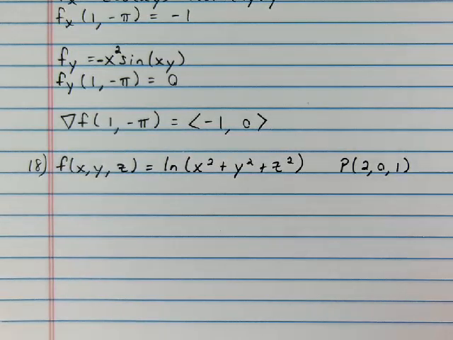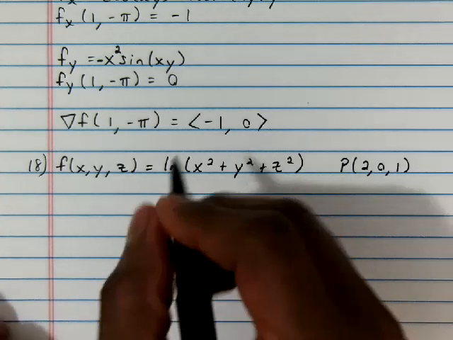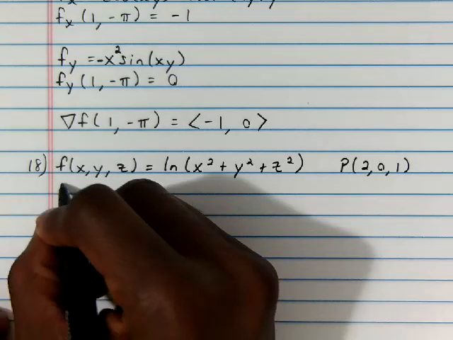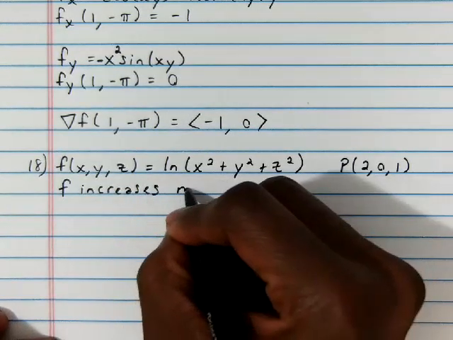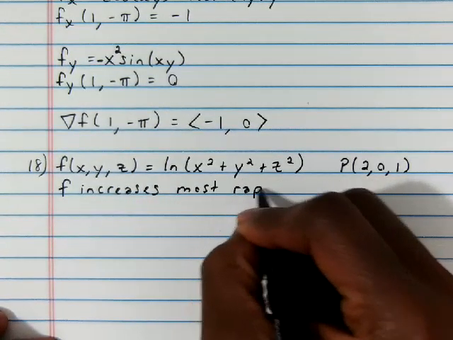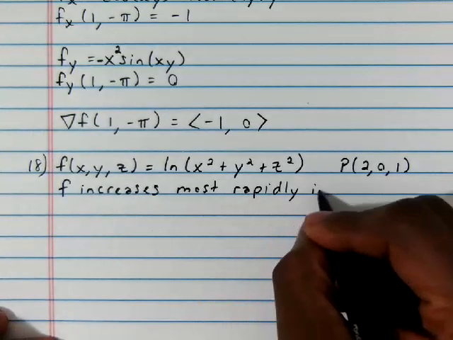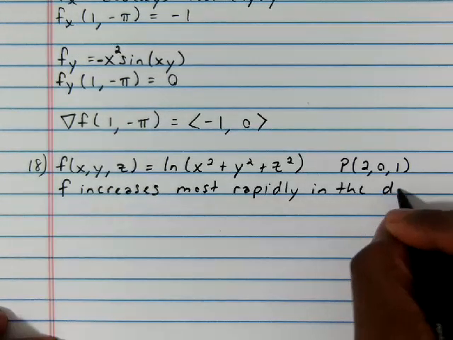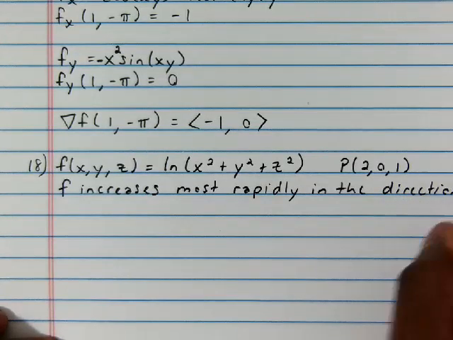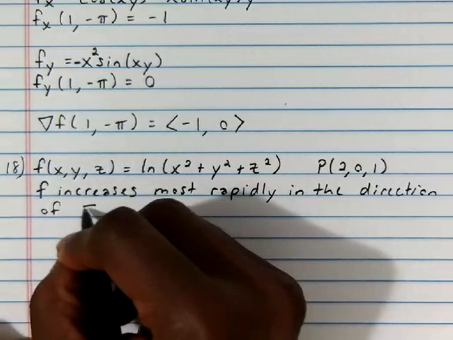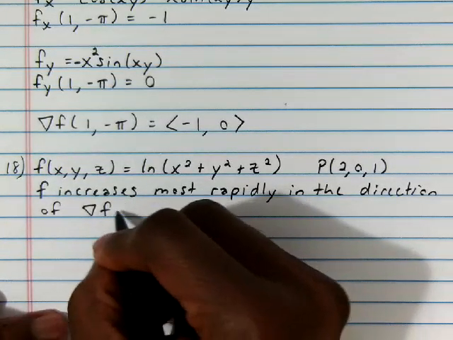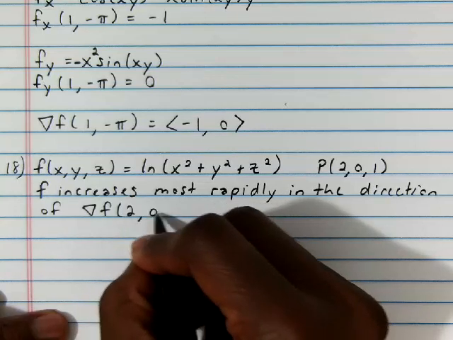All right, so they asked for the direction in which f increases most rapidly. And from our notes, we know that f increases most rapidly in the direction of the gradient of f evaluated at the point (2, 0, 1).